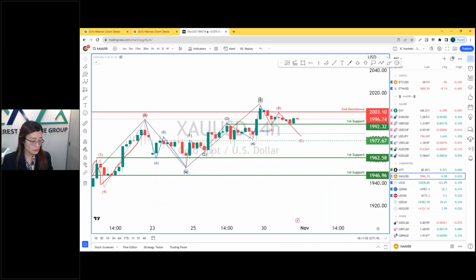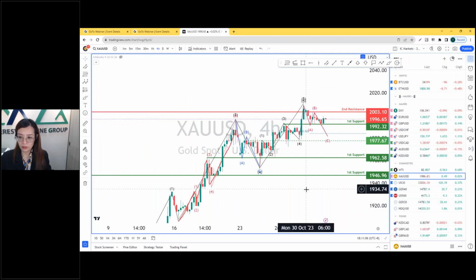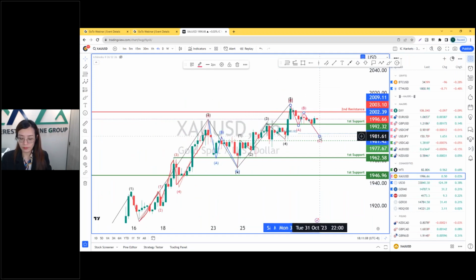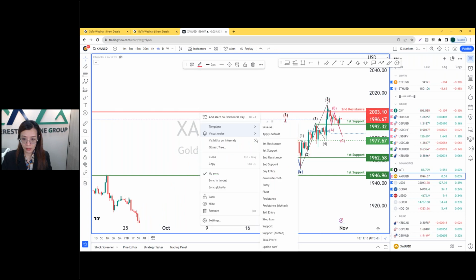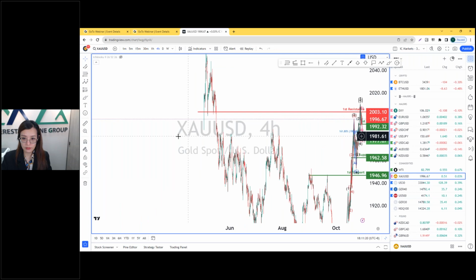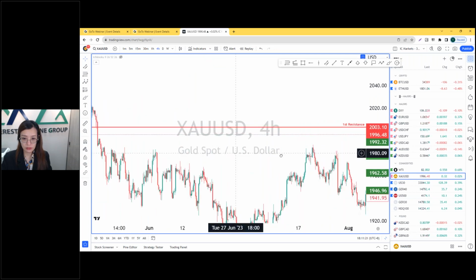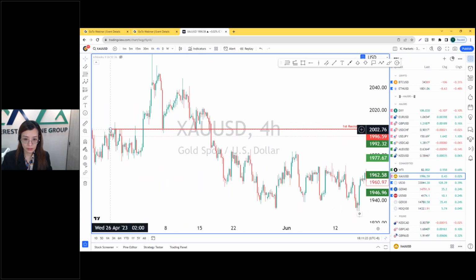What does it mean? Let's go back here. After ending with wave 5, this is a resistance level, and I just put the level here because I want to adjust. If you zoom in over here, it will be a resistance level.